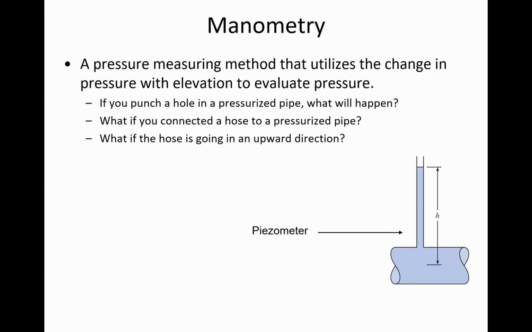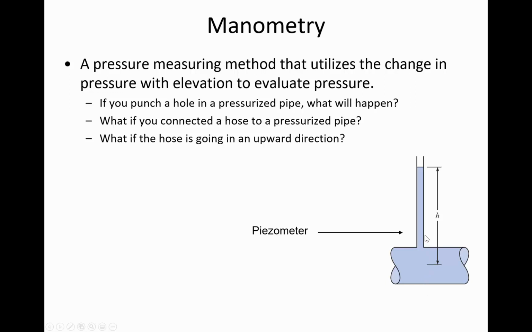If you wanted to know the pressure of water inside of that pipe, one way to measure it is to have this tube going upward, and then the water will rise to a certain elevation as an indication of how much pressure is in the pipe. If you have just a little bit of pressure in the pipe, then the water level would just rise a little.